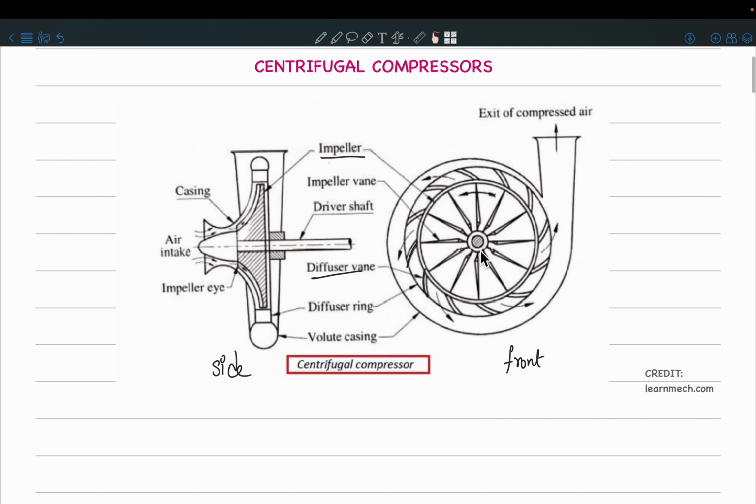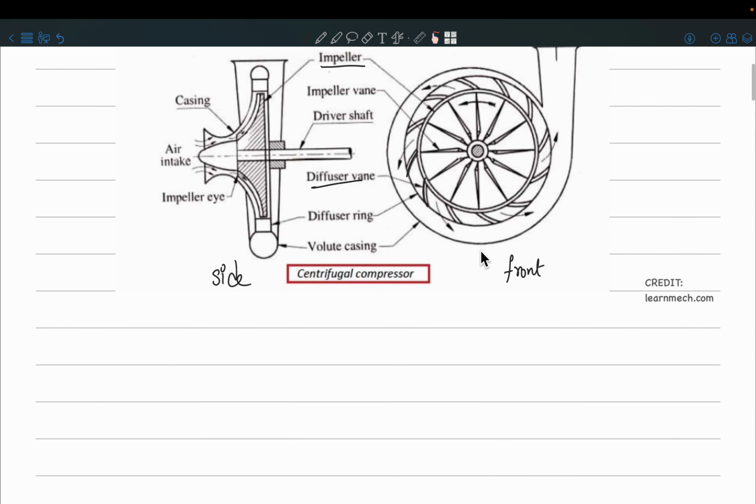So what is happening to the pressure energy? Can you tell me? Is the pressure energy increasing or decreasing?